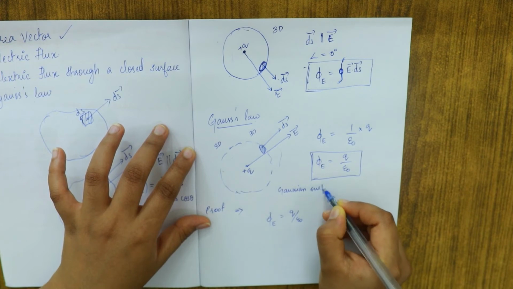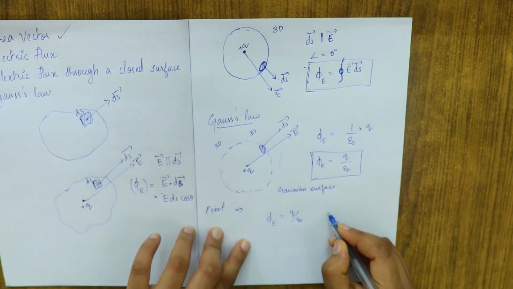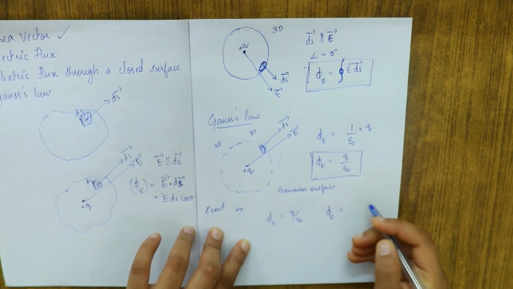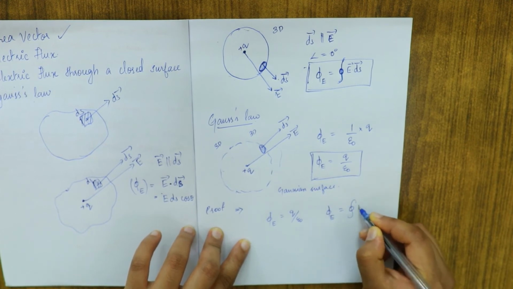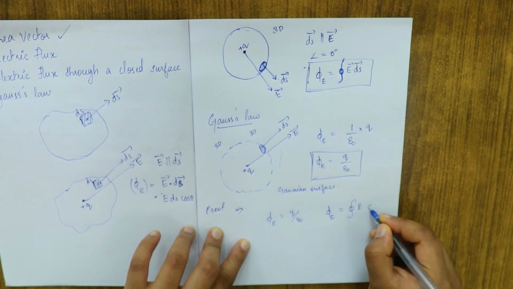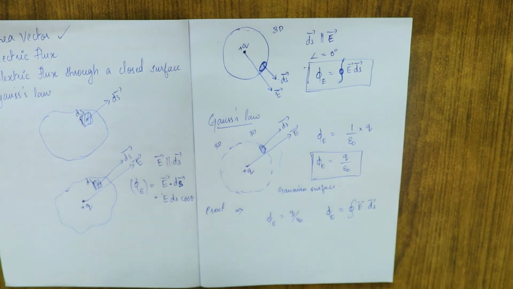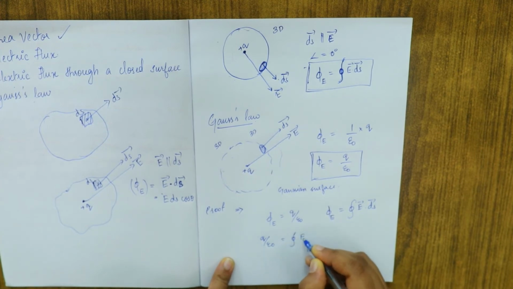Since it's a Gaussian surface, the phi E passing through it will also be equal to the closed integral of E dot ds. So we have to prove that Q by epsilon 0 is equal to the closed integral of E dot ds.